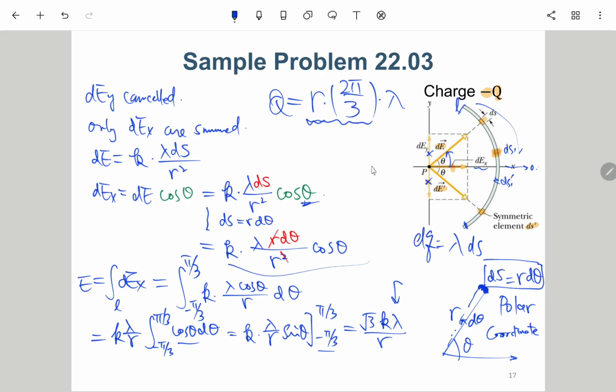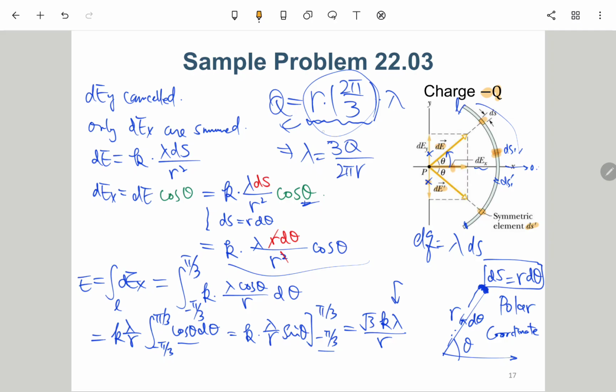Because we already consider the direction of the E field, we just ignore the negative sign here. So finally we can get lambda. By moving this part to the left side, we get lambda equals 3q over 2 pi r.